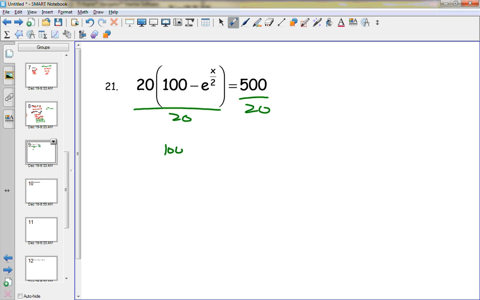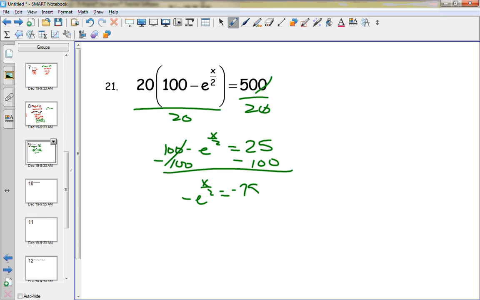So I'm going to have 100 minus e to the x over 2 is equal to, cross out the zeros, 50 divided by 2 gives you 25. Now what? Subtract 100. Negative e to the x over 2 is equal to negative 75.